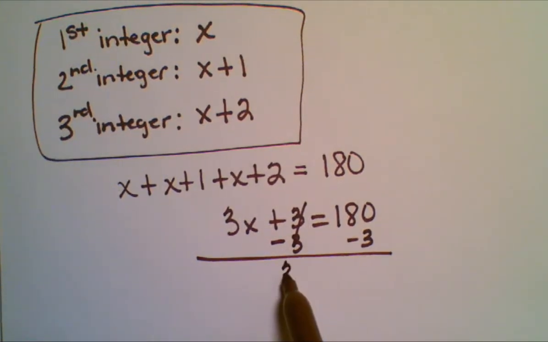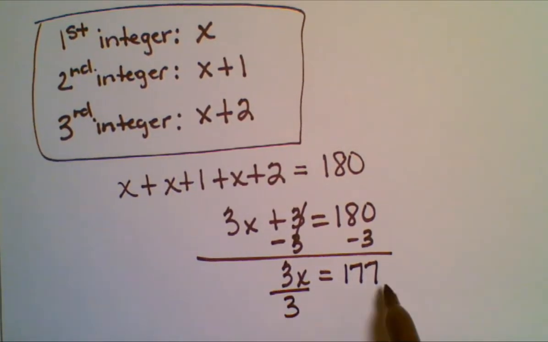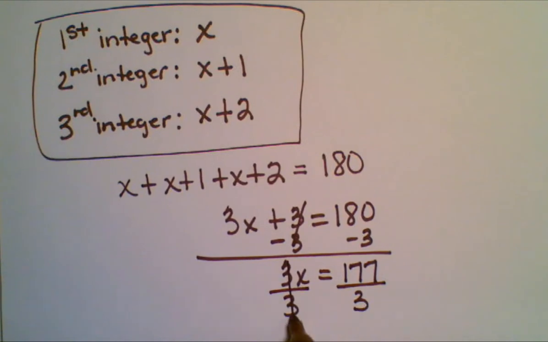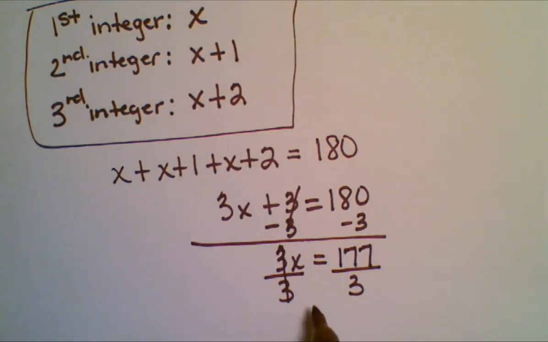We have 3x is equal to 180 minus 3, which gives us 177. We're going to divide by 3 so we can find x, and we have x is equal to 59.